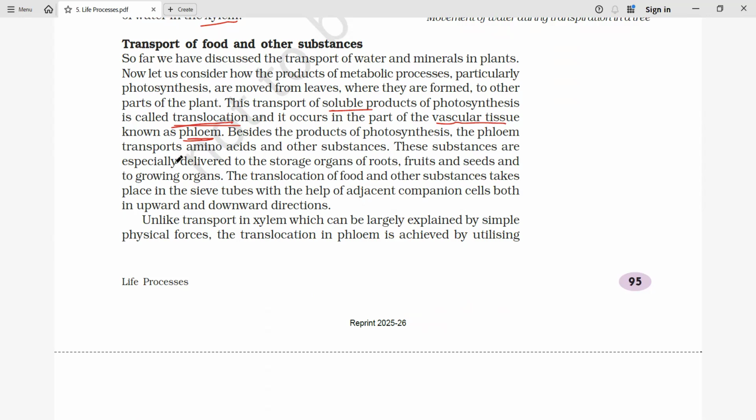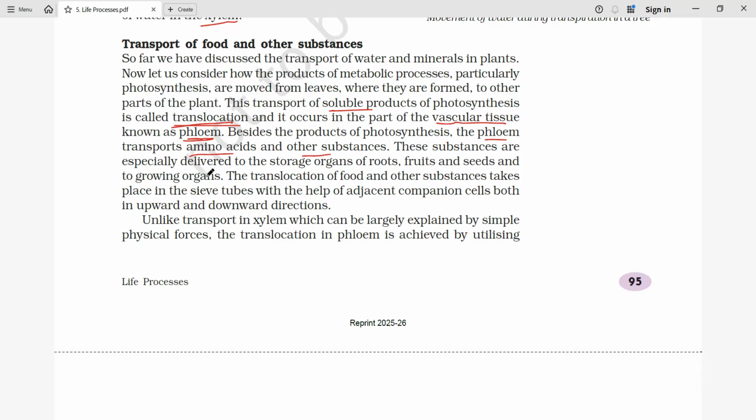Transpiration was happening there, and xylem is going to play the role of transferring water from the root to the leaves, and here phloem is the vascular tissue. And apart from the photosynthesis product, phloem is used to transport amino acids and other substances also. Amino acids means nitrogen will be there.